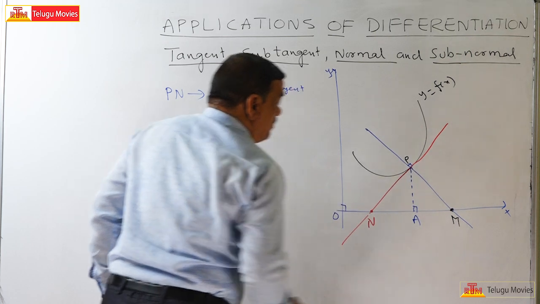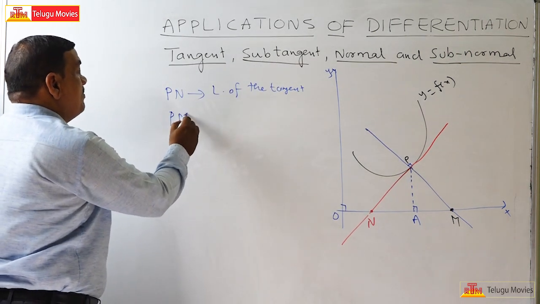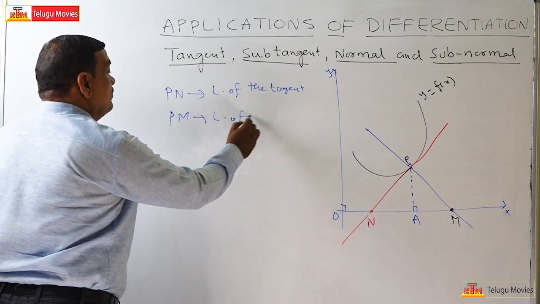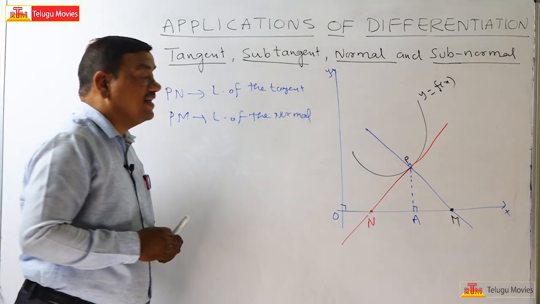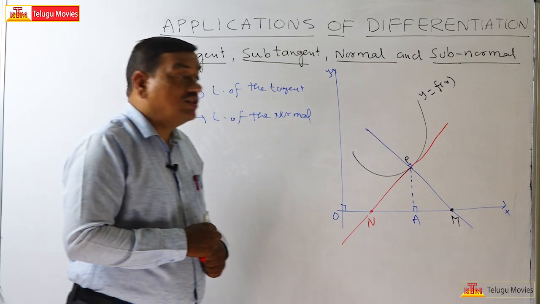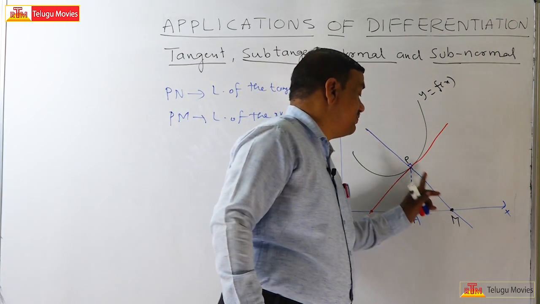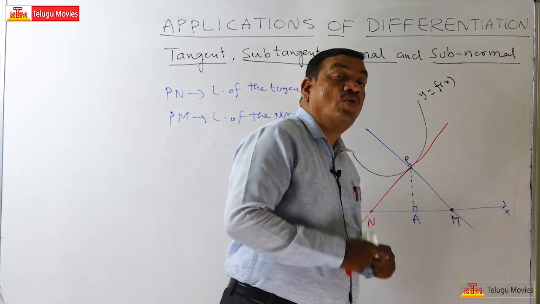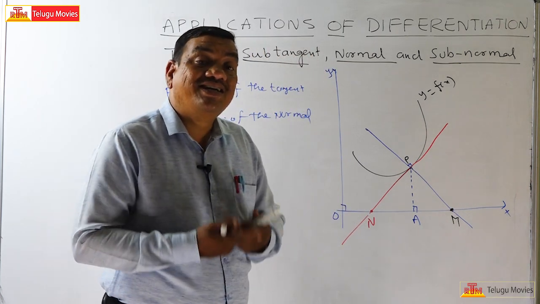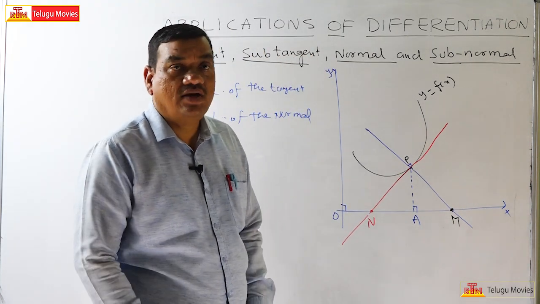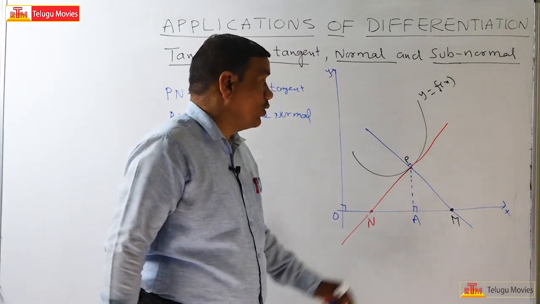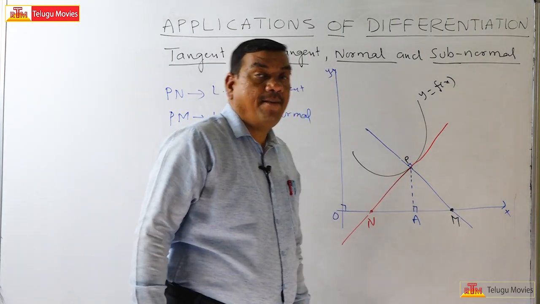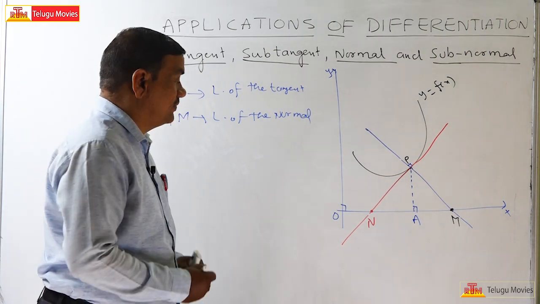This PM is called the length of the normal. The length of the normal is the distance between the point P and where that normal intersects the x-axis at M.